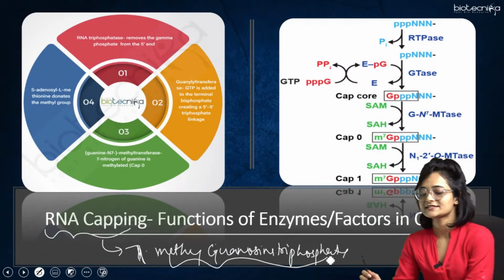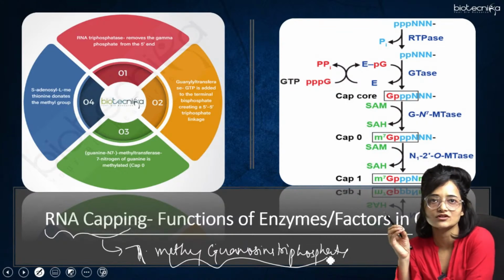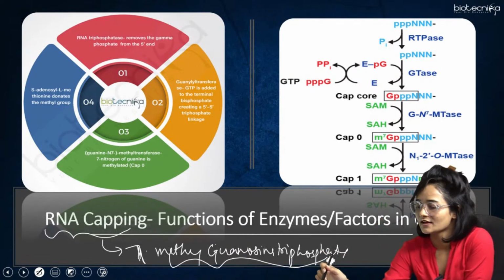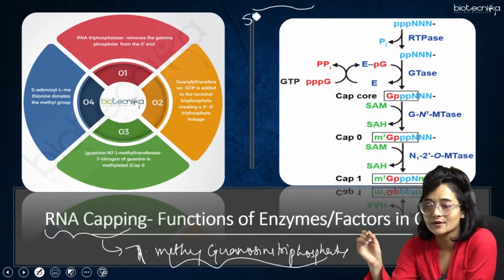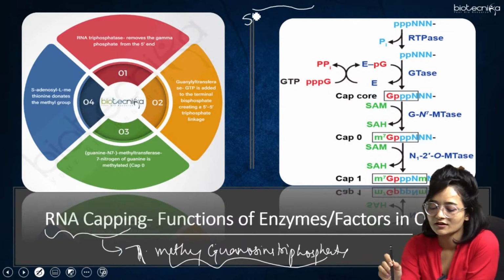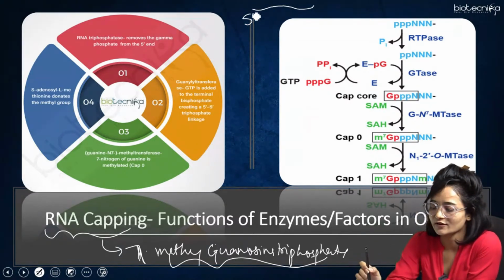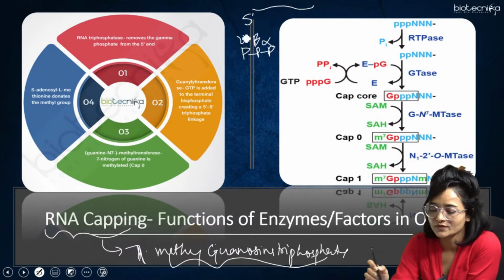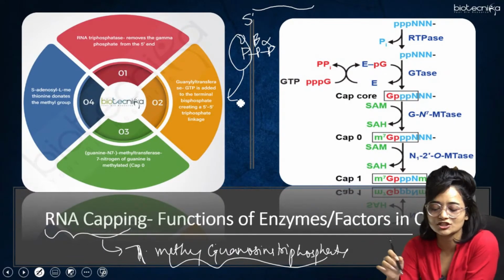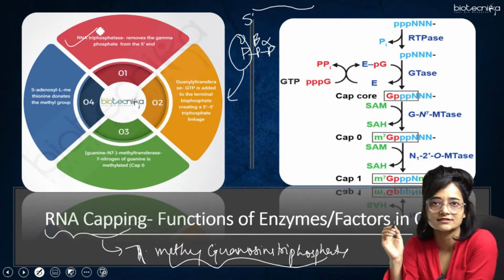So firstly, the enzyme which is involved is RNA triphosphatase, which basically removes the gamma phosphate from the 5' end, right? So at the 5' end of the pre-mRNA, there would be phosphate groups attached like this. This would be alpha, this would be beta, this would be gamma. So the gamma phosphate would be removed first, and this activity is majorly done by the RNA triphosphatase, right?